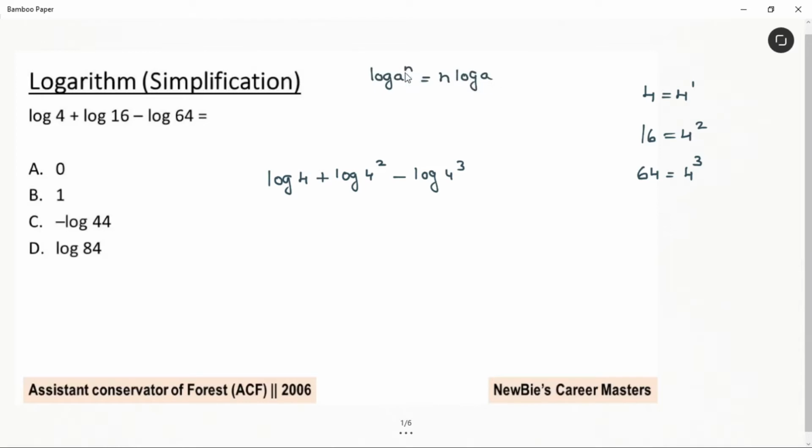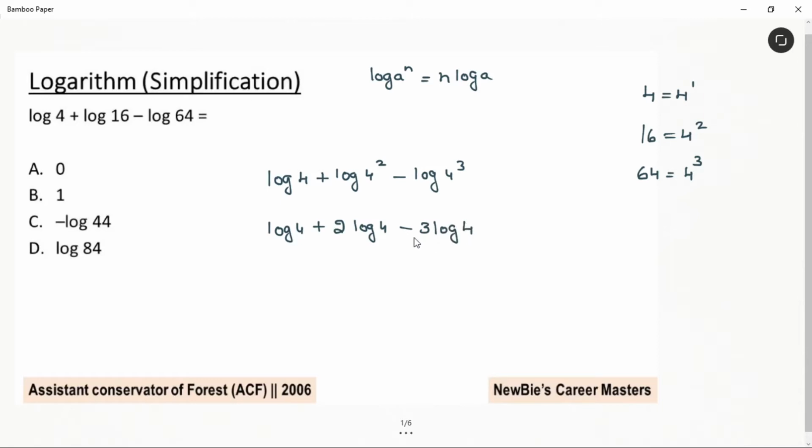You just have to send this power to this side. Okay, let's rewrite this equation again: log 4 plus, sending this power to the side, 2 log 4, minus, sending this power to the side, 3 log 4.